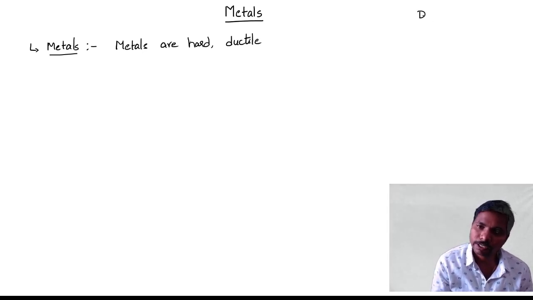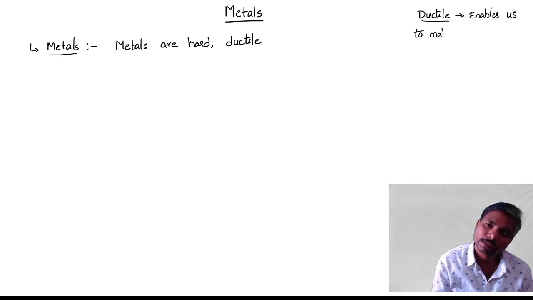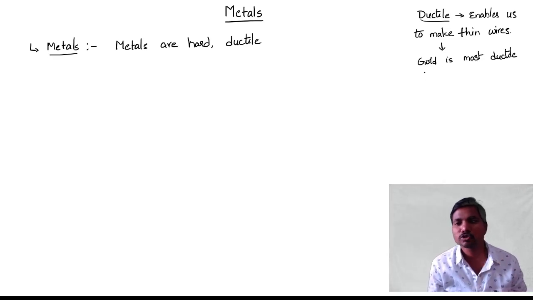So you can note down here: ductility, or ductile, means which enables us to make thin wires. In this, gold is the most ductile among all the metals. So we can make very thin wires by using gold.